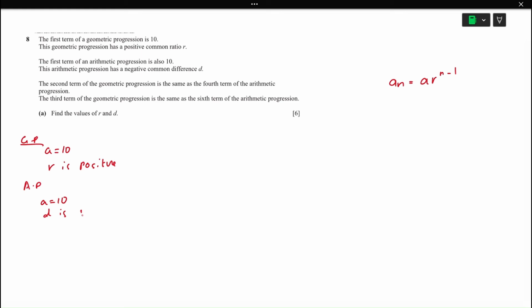The arithmetic progression formula is a plus n minus 1 into D. Okay, so what is given? The second term of the geometric progression is the same as the fourth term of the arithmetic progression, so we can write a2 equal to a4.